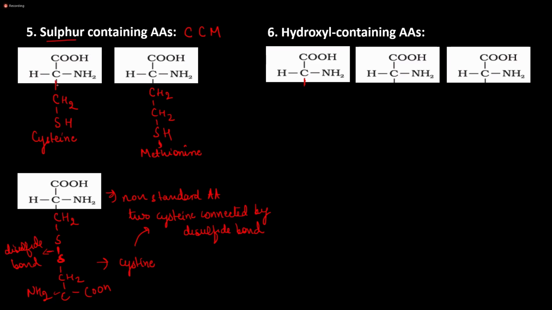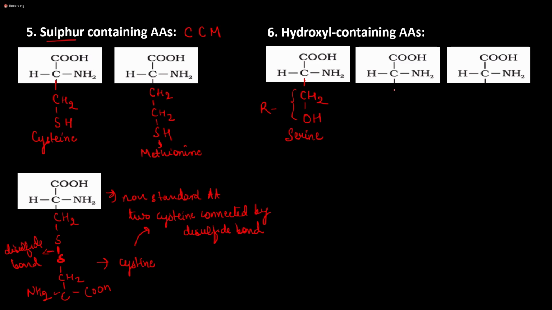If you remember the structure of cysteine, it has CH2SH. Similarly, you draw the structure CH2, but instead of SH, you add a hydroxyl group, that is OH. Then this amino acid becomes serine. This is the R group of serine. So it is same as cysteine, but it has OH instead of SH.